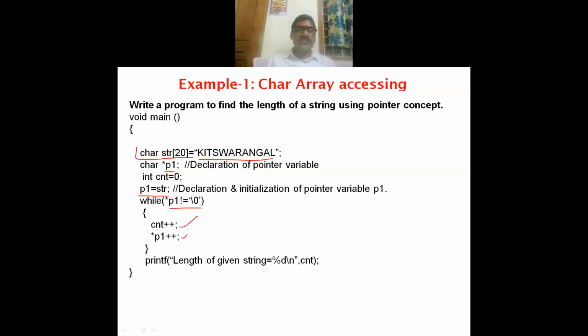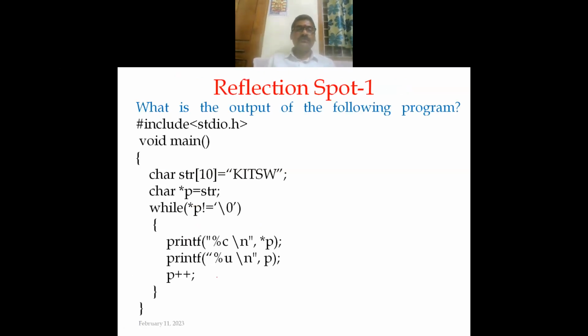Here we are incrementing the p1 value until the pointer p1 points to the null character, that is the end of the string. Once you reach the end of the string, the count value, if you display it, is the length of the string.